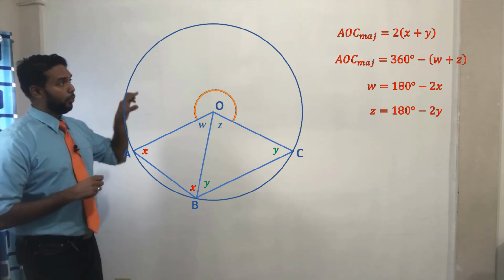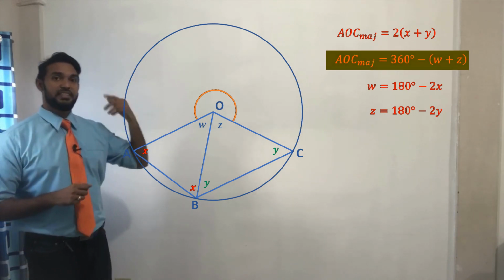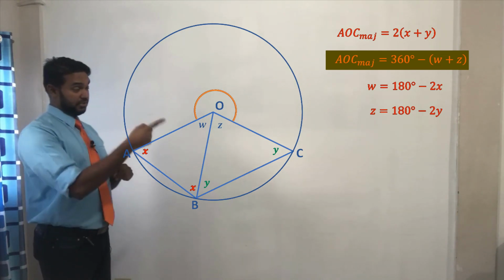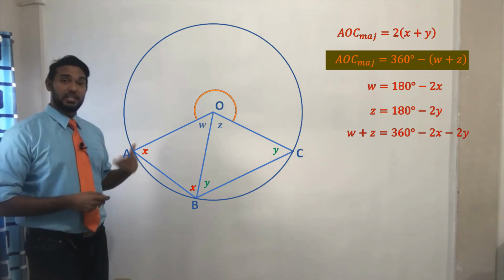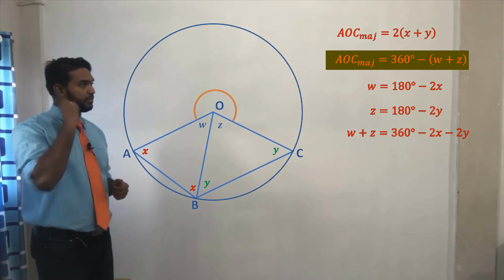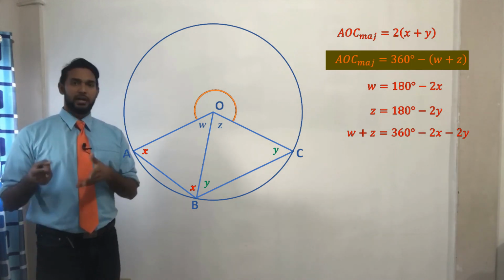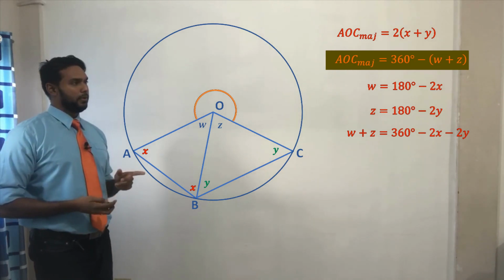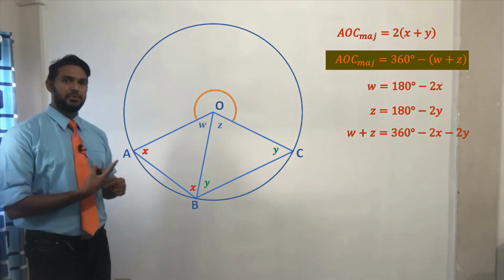And remember, we are saying that AOC is equal to 360 minus the sum of w plus z. So we're going to have to add w and z together. Using these 2 expressions, 180 and 180 will give us 360, minus 2x minus 2y. Now, remember that we have to subtract that from 360.